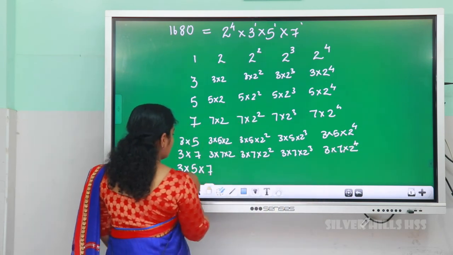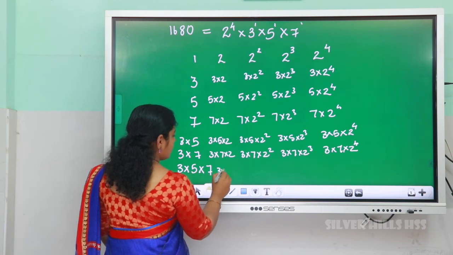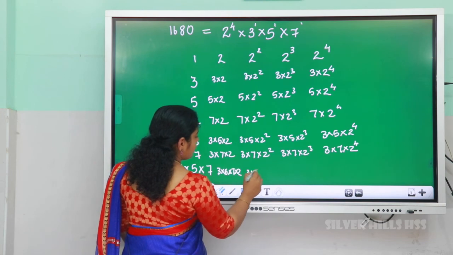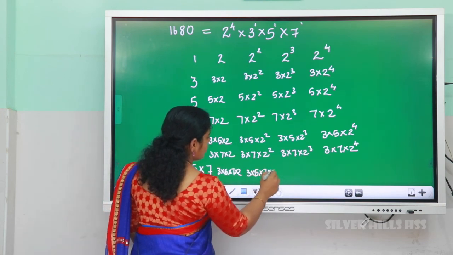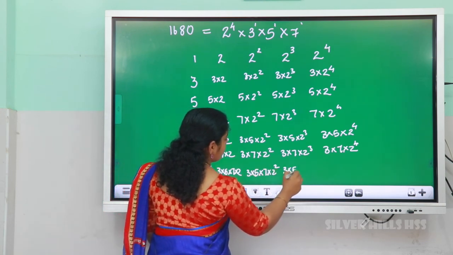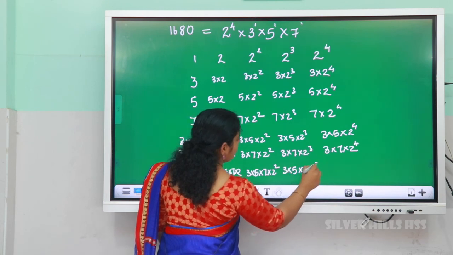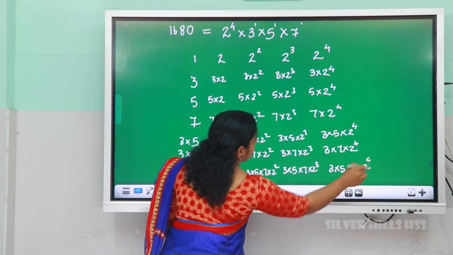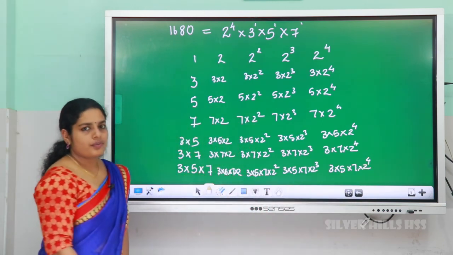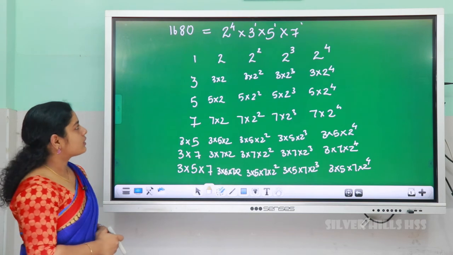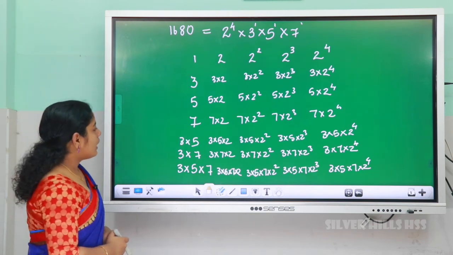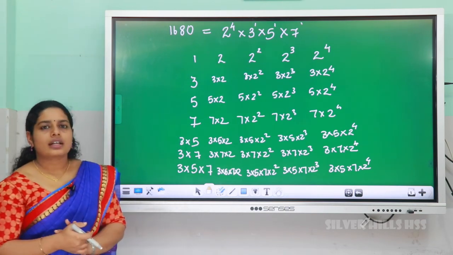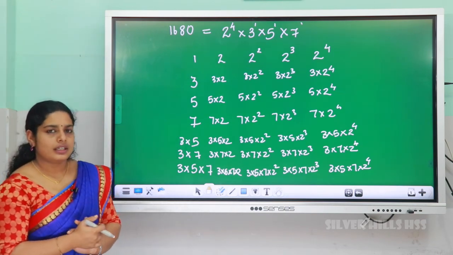And at last 3 into 5 into 7, 3 into 5 into 7 into 2, 3 into 5 into 7 into 2 square, 3 into 5 into 7 into 2 cube, 3 into 5 into 7 into 2 raised to 4. These are the factors of 1680. Okay, this is how we find all the factors of a certain number.